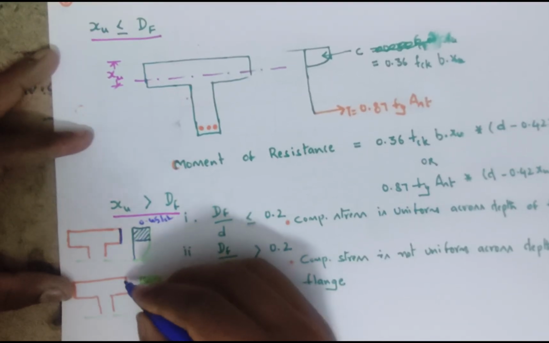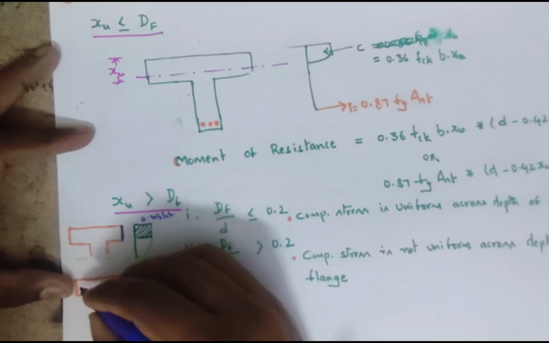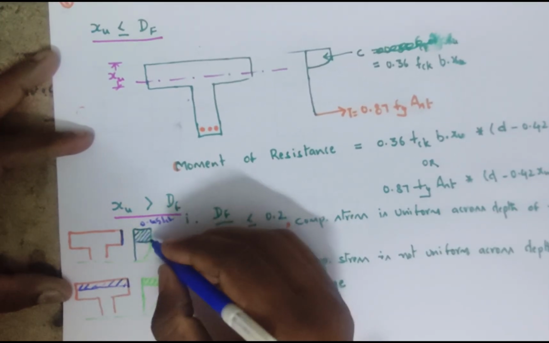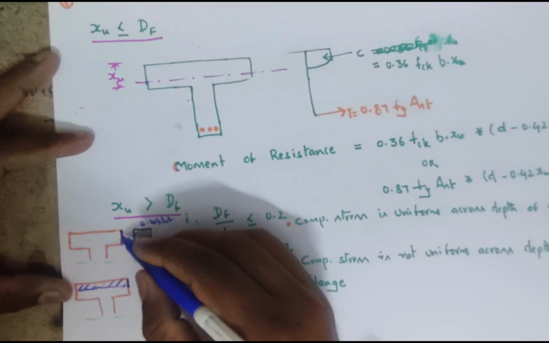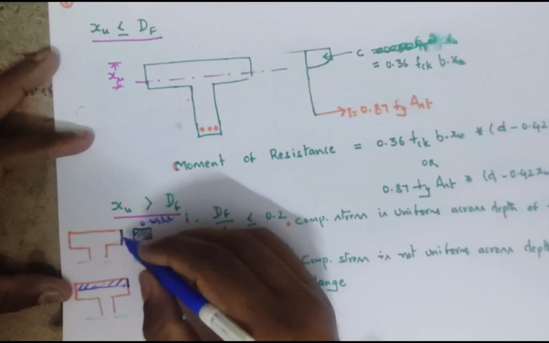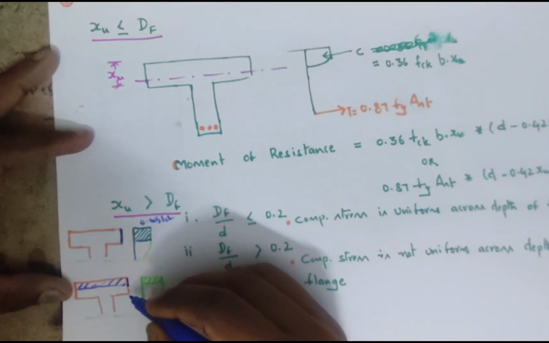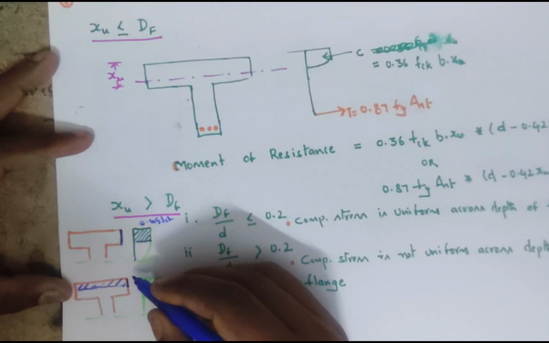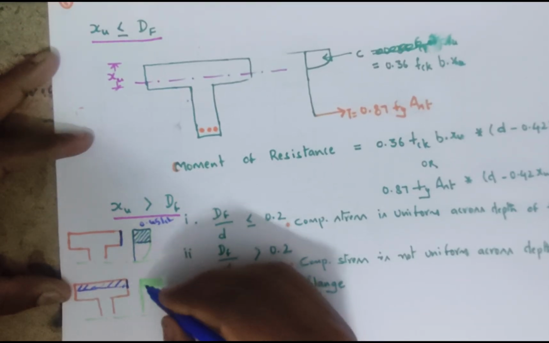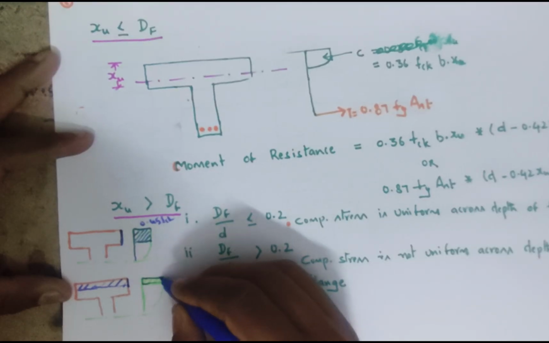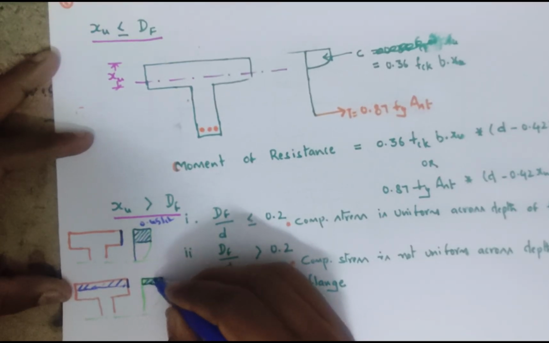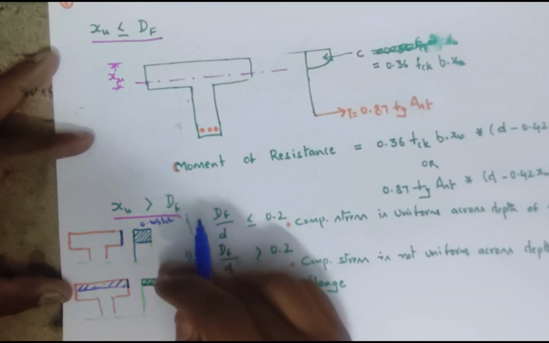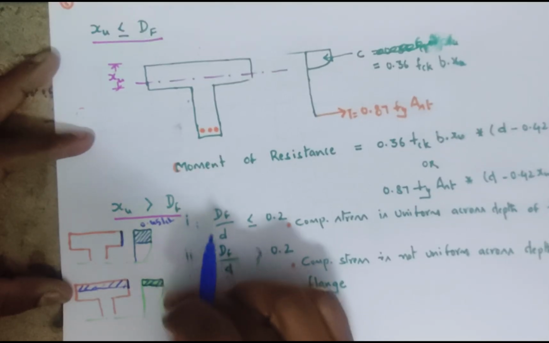Only a certain portion has reached the 0.45 fck. In earlier case, complete depth of the flange is stressed at the level of 0.45 fck. But here, only a certain depth of the flange has the rectangular portion. This is the main difference.